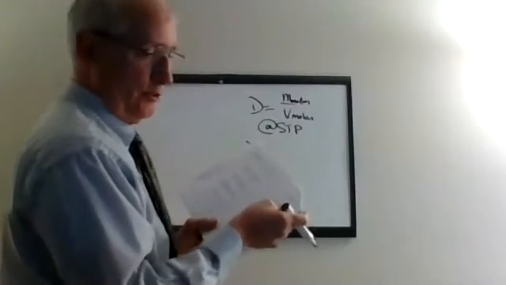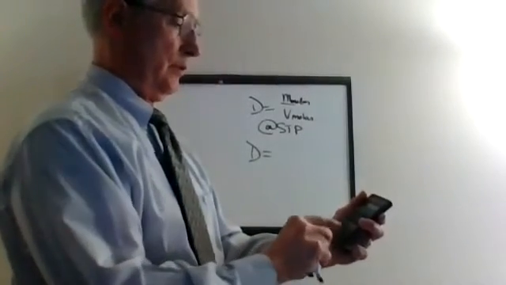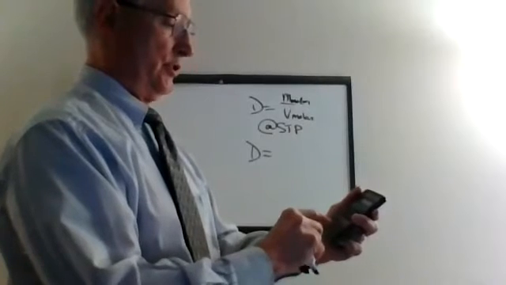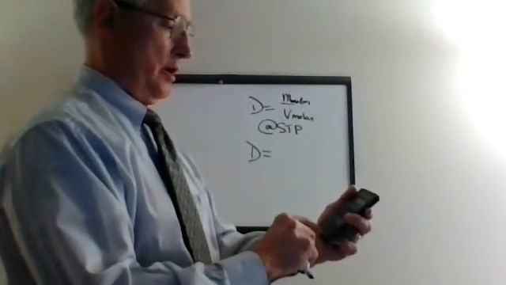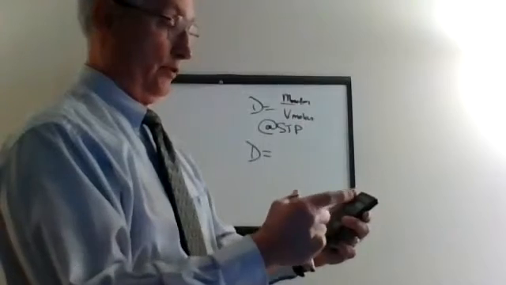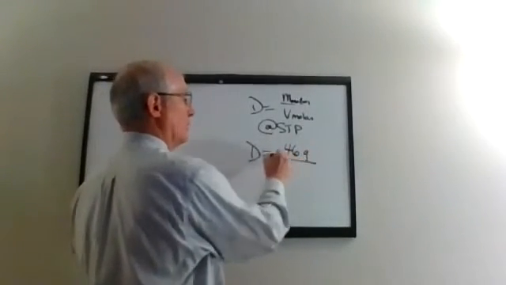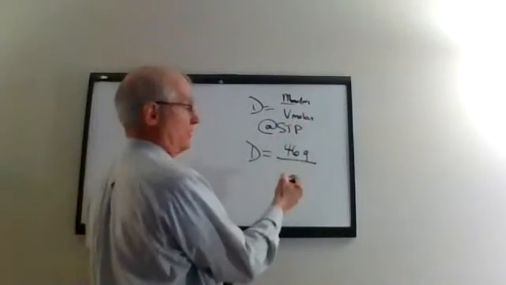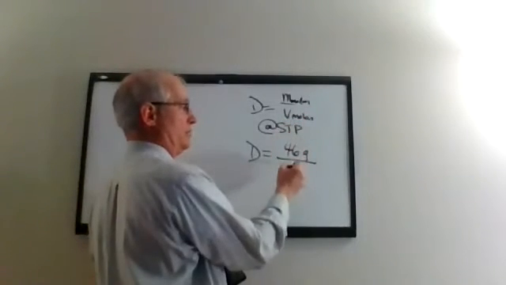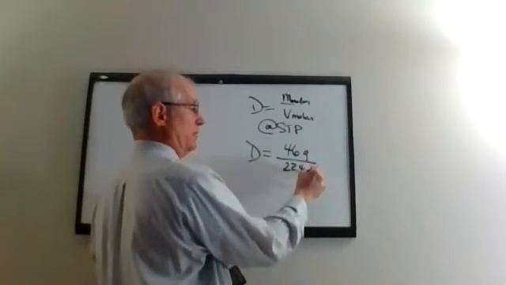So let's go ahead and use the density at STP is the molar mass of nitrogen and 2 oxygens. Nitrogen is 14 and 2 oxygens is 32. And that gives us 46 grams per mole. And the magic number for molar volume at STP is 22.4 liters per mole.